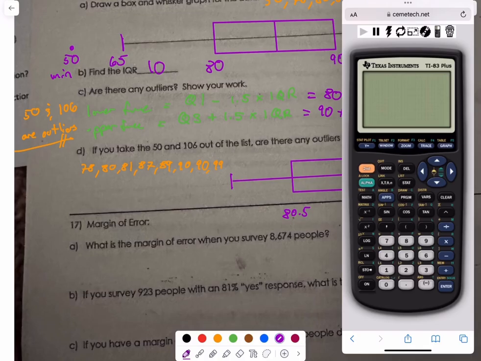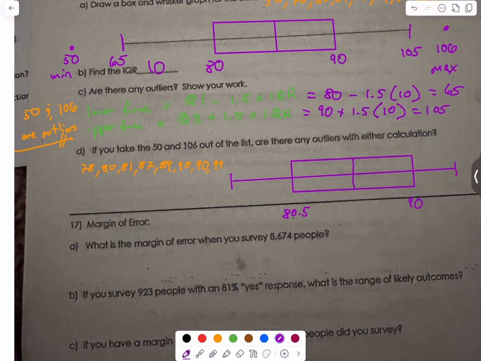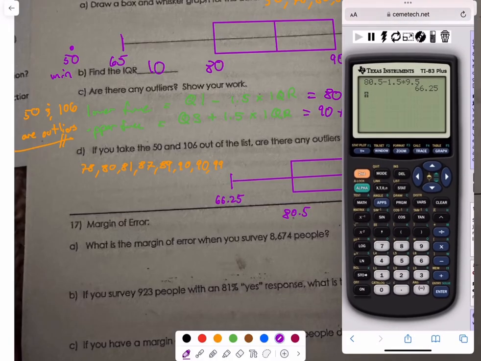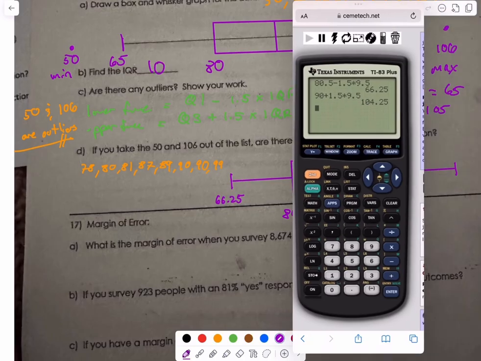For the lower fence, we're going to take that 80.5 minus 1.5 times 9.5. 66.25. And then we want to redo that, but now we're going to take Q3, which is 90, plus 1.5 times 9.5. 104.25.